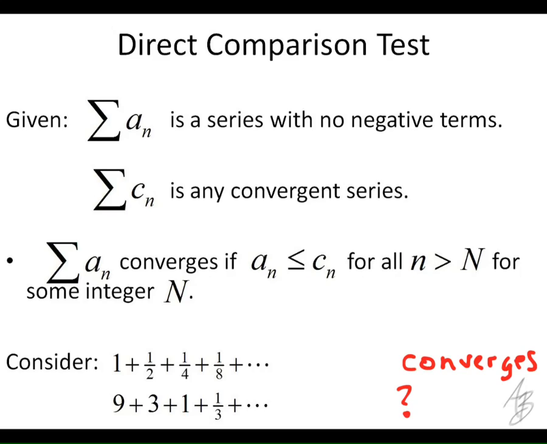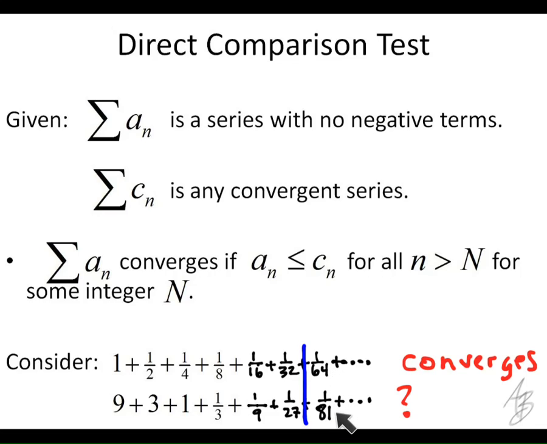If we continue listing out terms, we're going to have 1 over 16 plus 1 over 32 plus 1 over 64. And here we're going to have 1 over 9 plus 1 over 27 plus 1 over 81. And those are both going to continue, right? Well, we've reached a point here that after this term right here, every term after it in this series is smaller than the terms in this series.